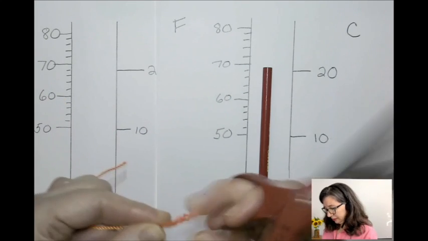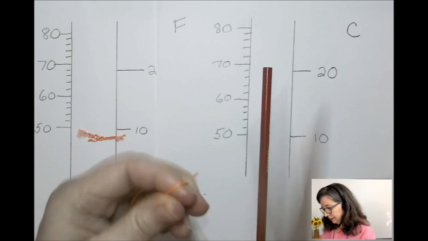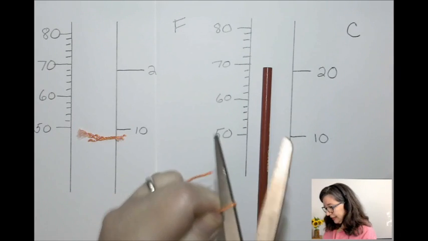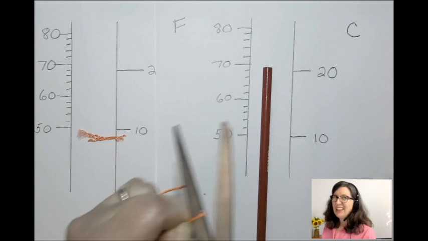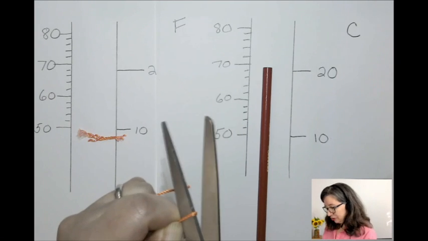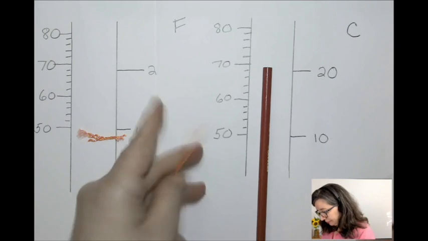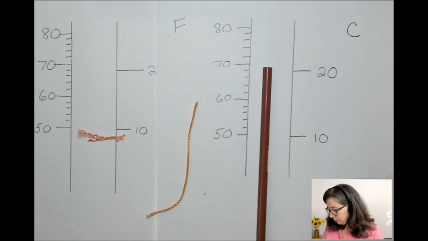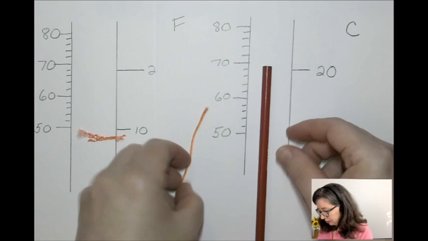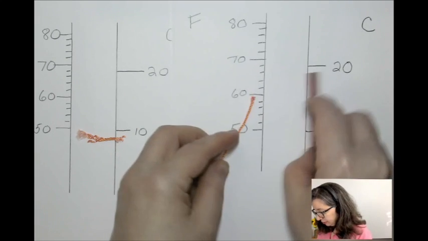Oh, that didn't work. I'm going to have to do that again. So you have to pull it pretty tight and snip it pretty hard, and your scissors need to be pretty sharp. Maybe these aren't sharp enough. Good enough.